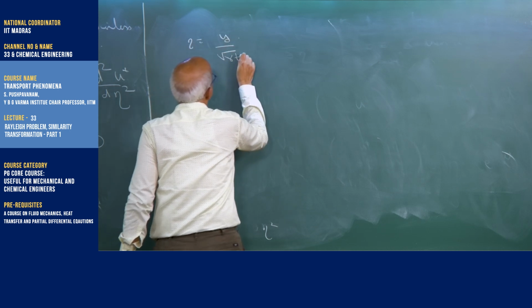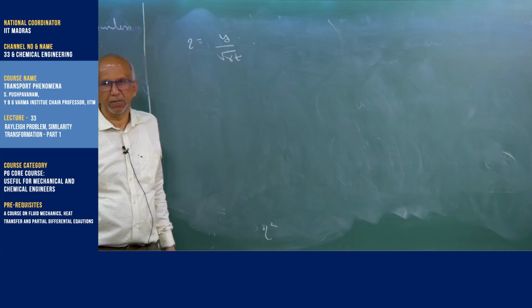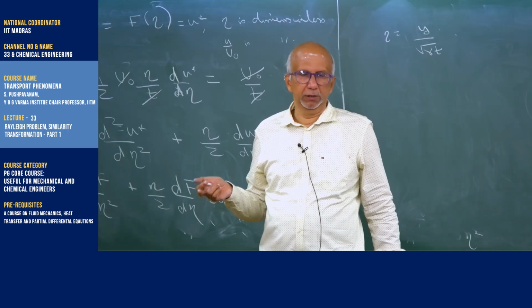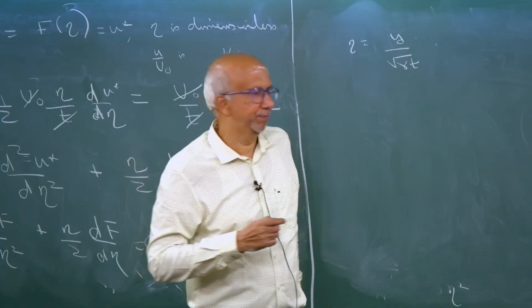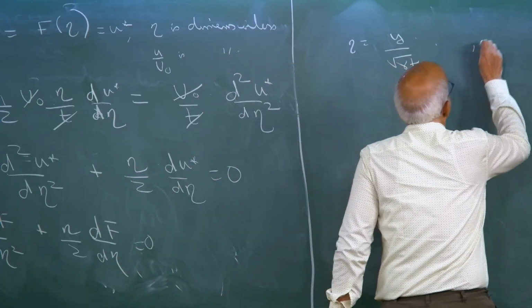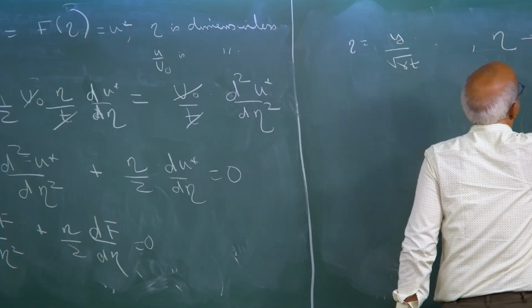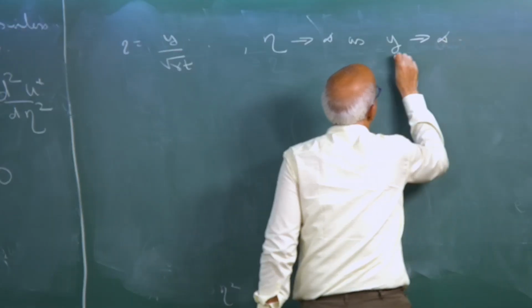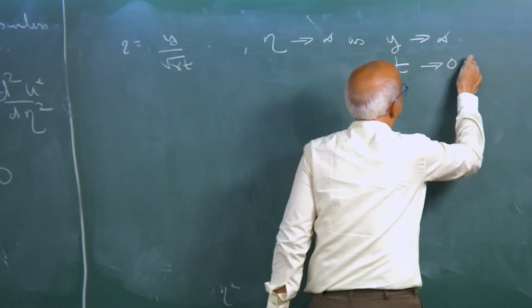Remember, eta is y divided by square root of nu t. So, as y goes to infinity, eta goes to infinity. As t goes to 0, eta goes to infinity. So, basically what I am saying is eta tends to infinity as y tends to infinity and t tends to 0.